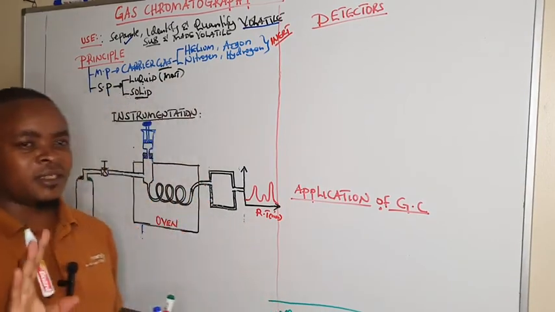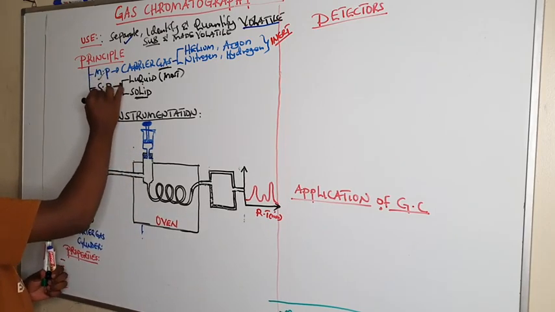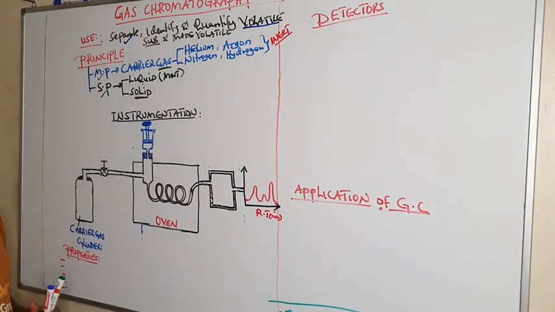So after understanding the mobile phase and the constituents of the stationary phase, now we can look at the principle.